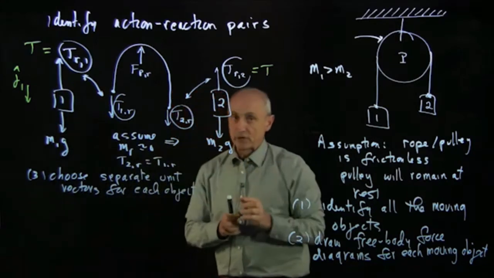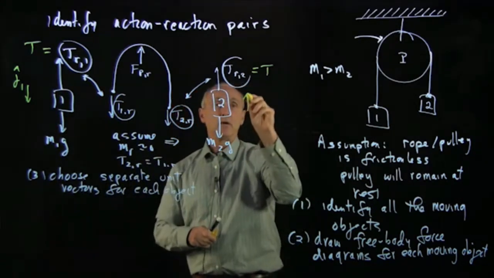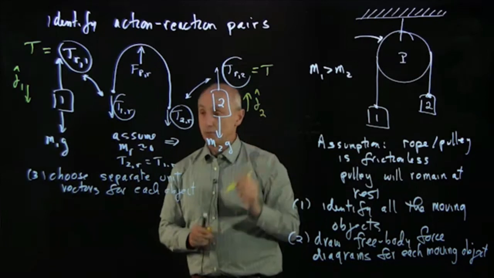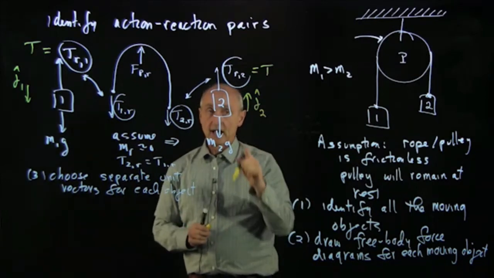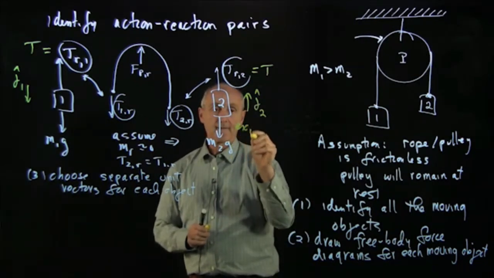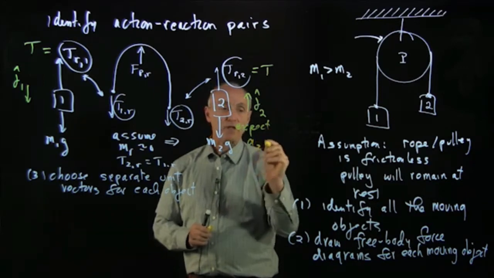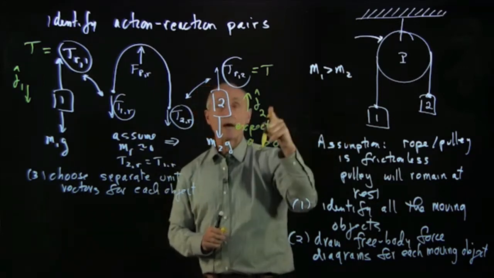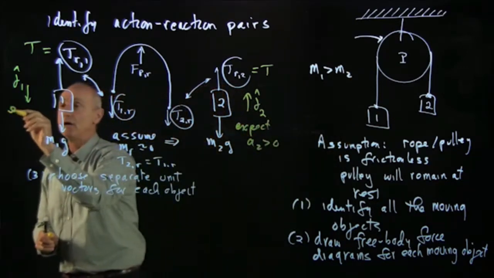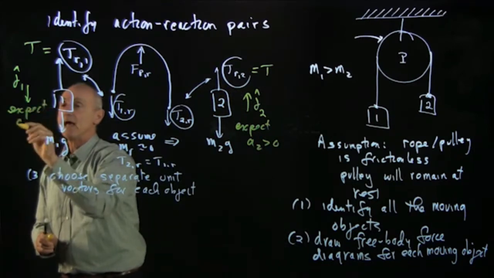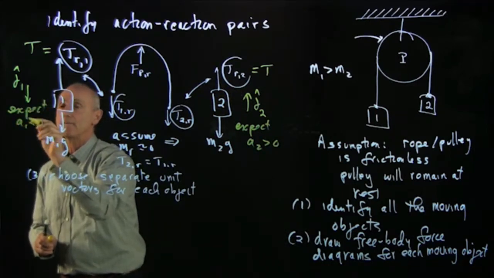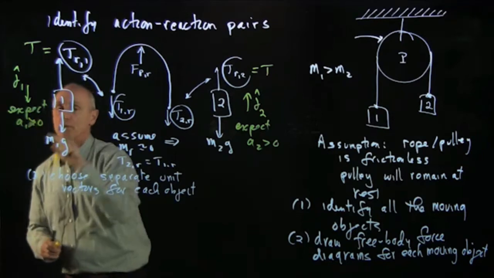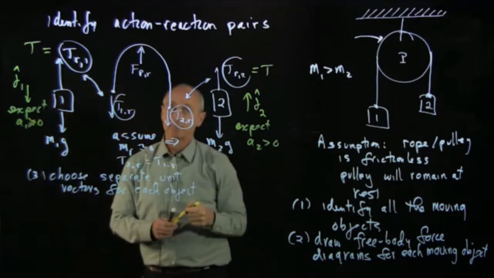This is where a lot of people get tripped up. So here, I'm choosing j hat 2. And when I choose that, I expect a2 to be positive because 2 is going up in the direction of j hat. And here, I expect a1 to be positive also because 1 is going down.